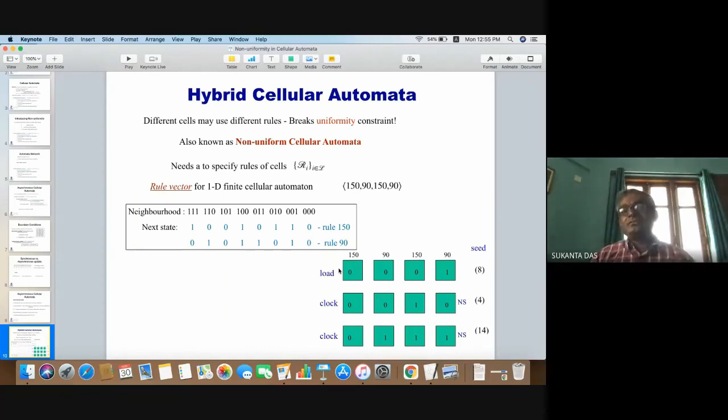By relaxing the uniform update or synchronicity, we get asynchronous cellular automata. By dissolving the uniform rule constraint, we get hybrid cellular automata or non-uniform cellular automata.